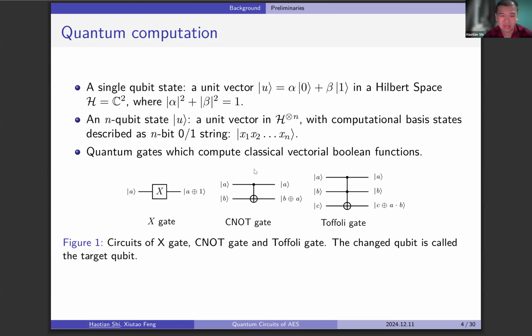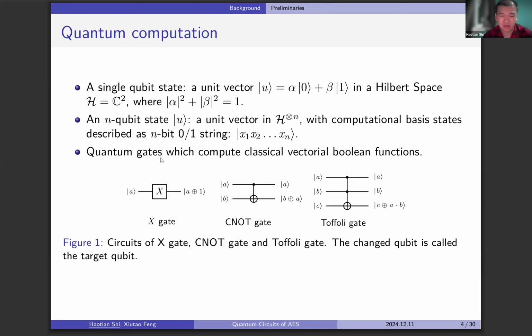Let's begin with some basics in quantum computation. A single qubit state is a unit vector with the basis states 0 and 1. Similarly, an n-qubit state is a unit vector with computational basis states described as an n-bit string of 0 and 1.